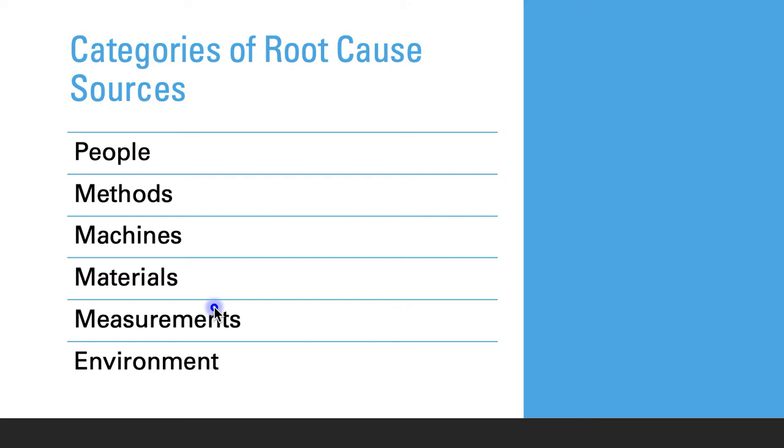Okay. So next, what we call measurements. Data used to evaluate the quality of the process may also be a category of root cause sources. Okay. And then the last one, environment. When you say environment, these are conditions in which the process activities are performed. These may include time, location, temperature, humidity, noise, and culture.